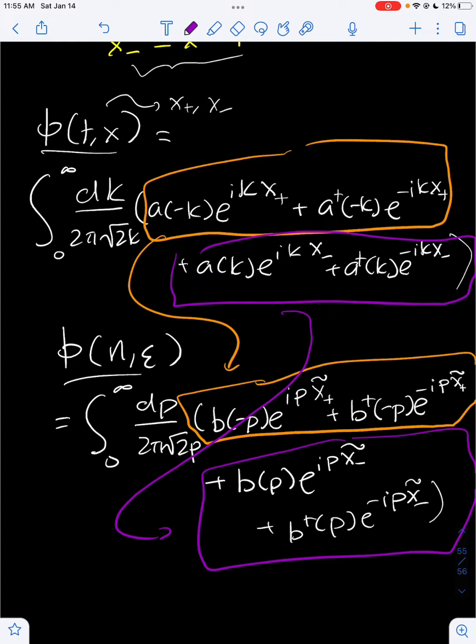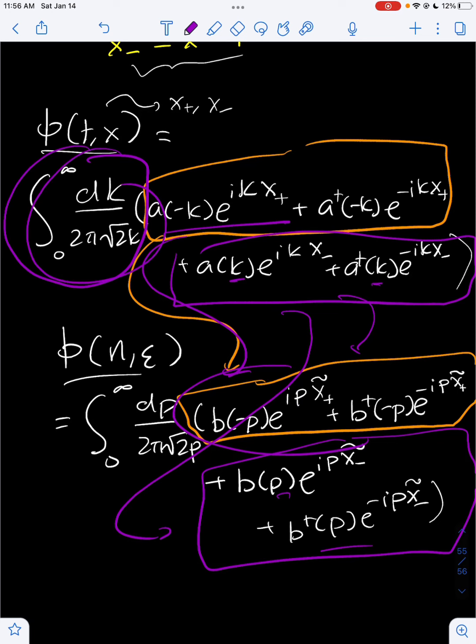Meaning that the expression that has negative k is going to be equal to the b negative k. And the purple expression that has positive k, this and this right here, is going to be equal to this one and this one over here. We can't have this being equal to this because this has k and this has negative p, so we can't have those being equal to each other. Also, I should mention this is being integrated, so this is equal to this under the integral.